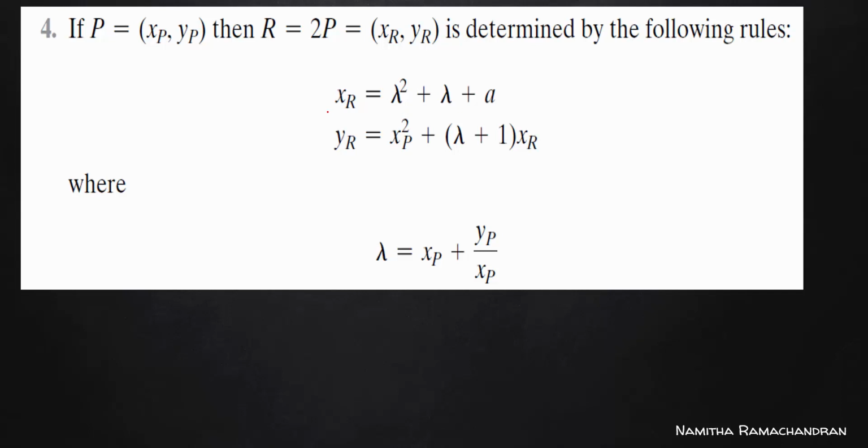This is the formula for getting xr and yr. xr equals lambda square plus lambda plus a, yr equals xp square plus (lambda plus 1) into xr, where lambda is the slope again, and the modified equation for slope is xp plus yp by xp. And these are the rules for addition over elliptic curve points defined over this Galois field. Okay, thank you.